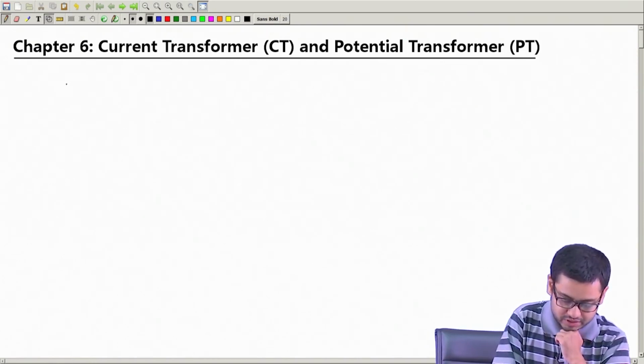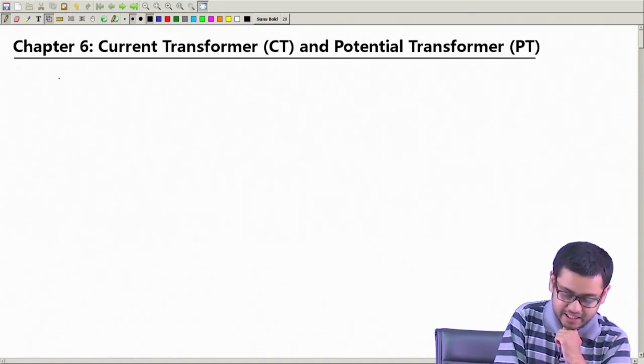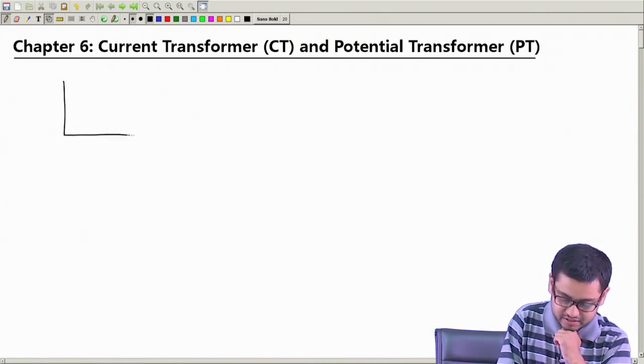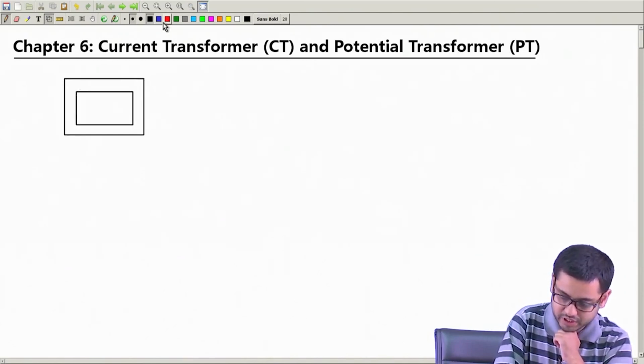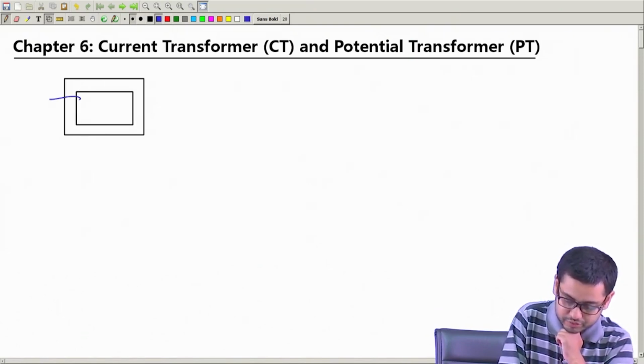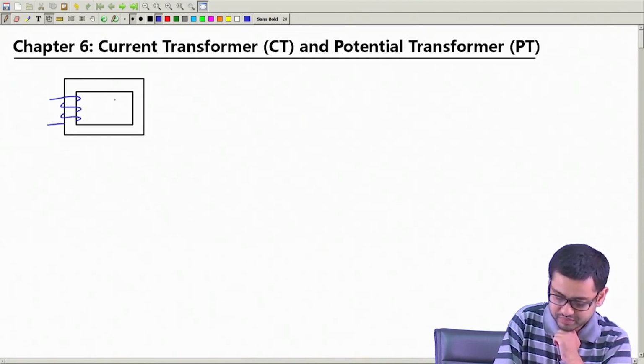Now, what is a transformer? An ideal transformer basically has a magnetic core and a couple of coils, two coils wound on top of it.